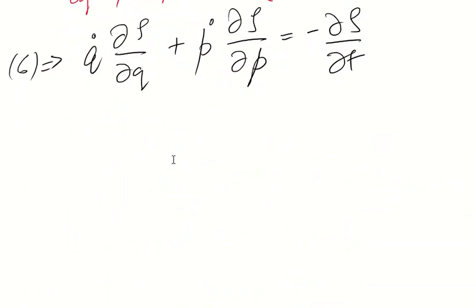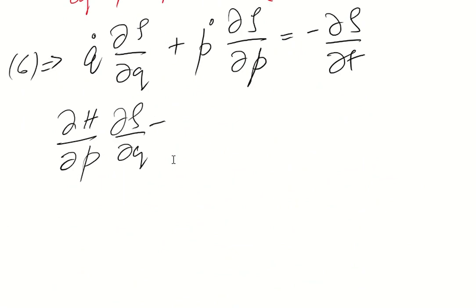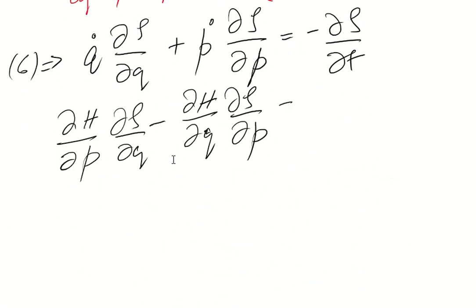So we write it as partial h over partial p times partial rho over partial q, minus partial h over partial q times partial rho over partial p, equals minus partial rho over partial t.